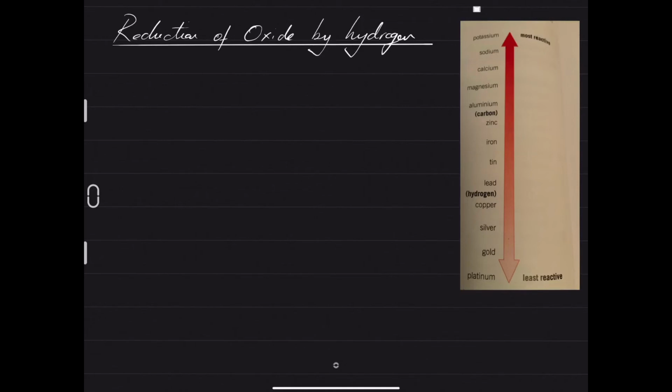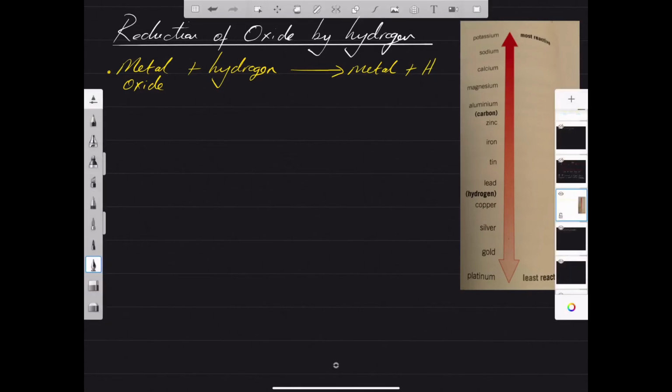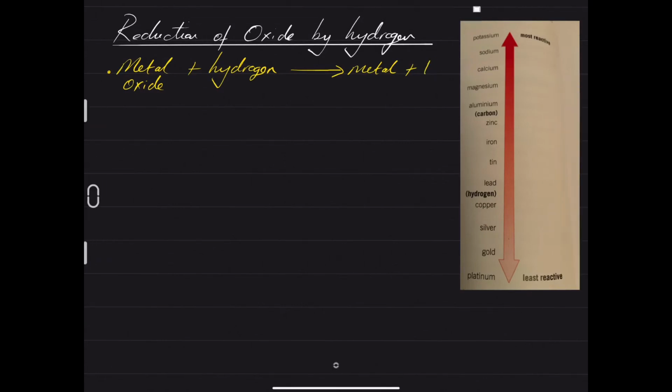So, as we've done previously, can you put this standard word equation: metal oxide, okay, plus hydrogen, and be aware, as you should be, that hydrogen is a gas, okay, gives us metal, okay, plus, and this is where it's slightly different, we get water.